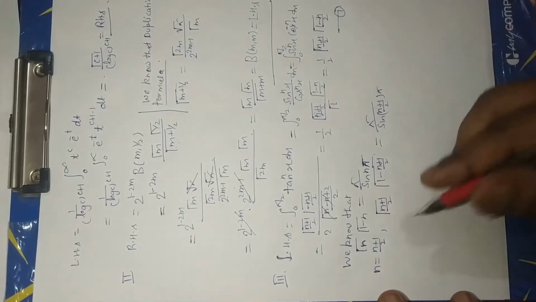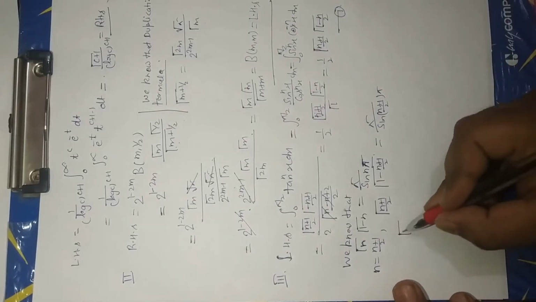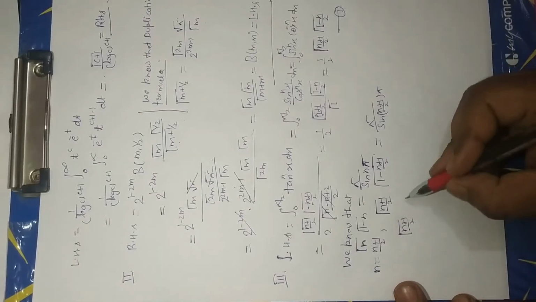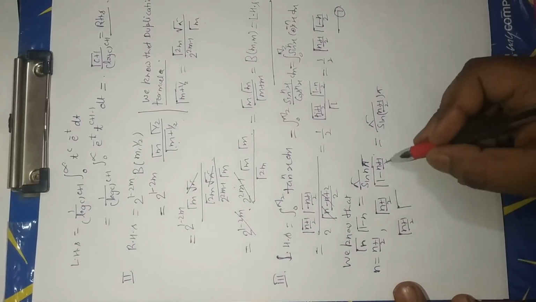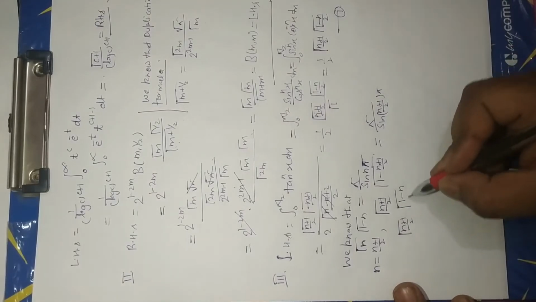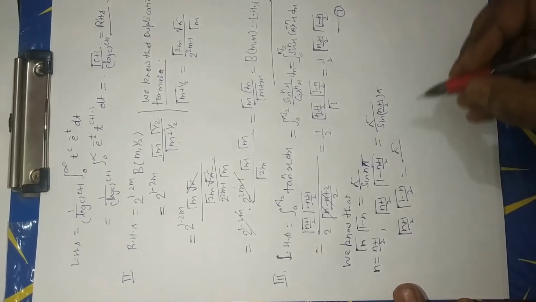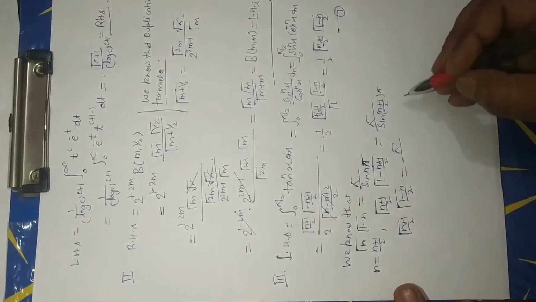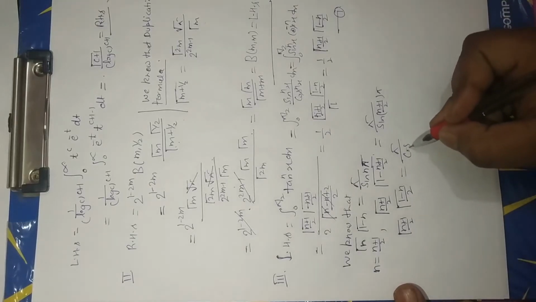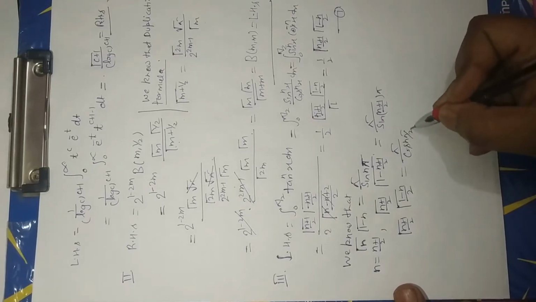Now gamma (n plus 1)/2, gamma, taking LCM, (1 minus n)/2, this is equal to pi upon sine, which is converted into cos n pi by 2.